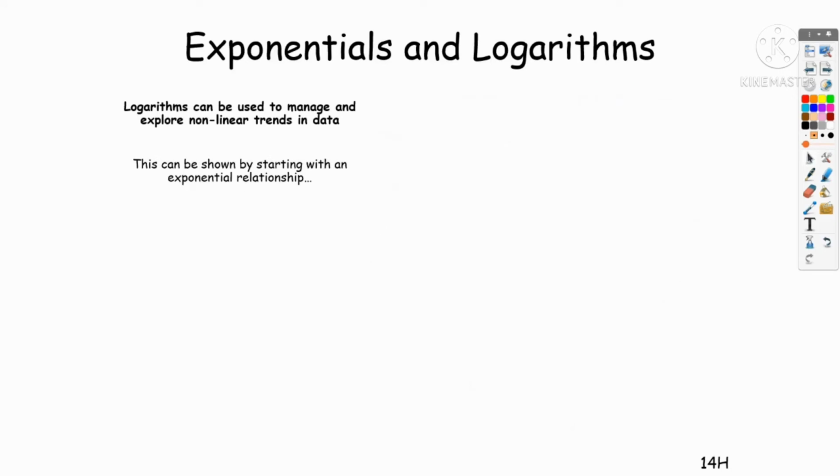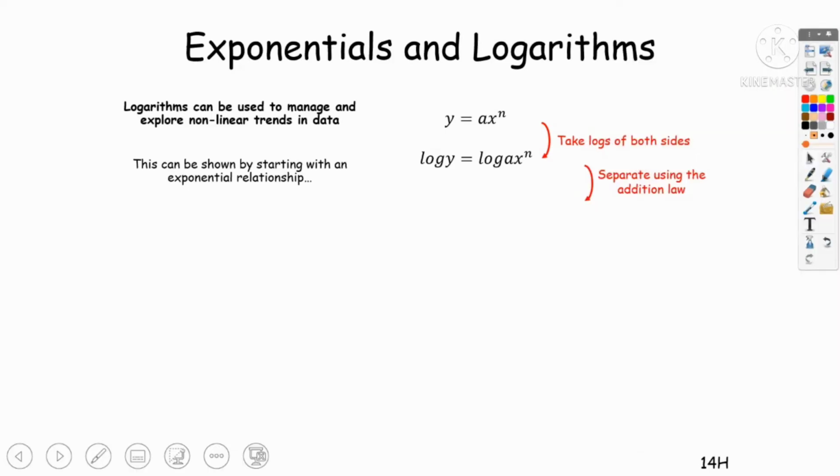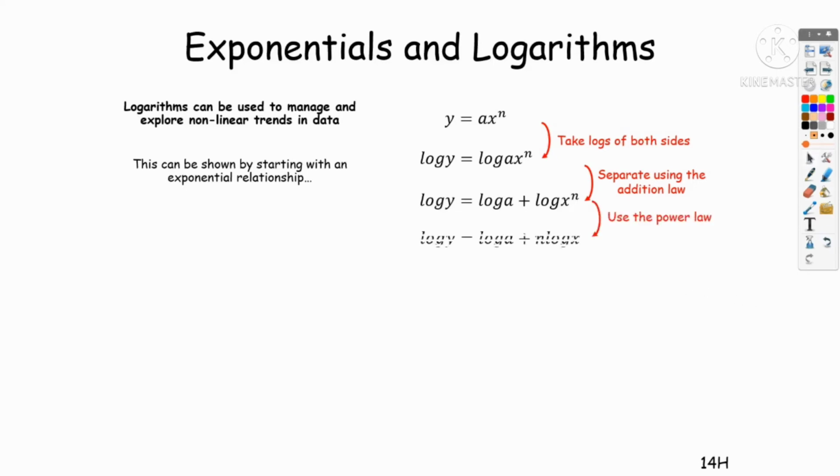So this can be shown by starting with an exponential relationship, y equals a x to the n. Take logs of both sides, we get log y equals log of a x to the n. We separate using the addition law, so we get log y is equal to log a plus log x to the n. Breaking it apart, using the power law, we can bring the power down. We've got log y equals log a plus n log x.